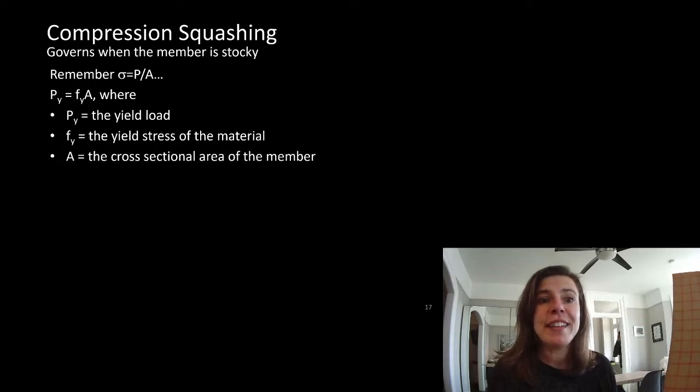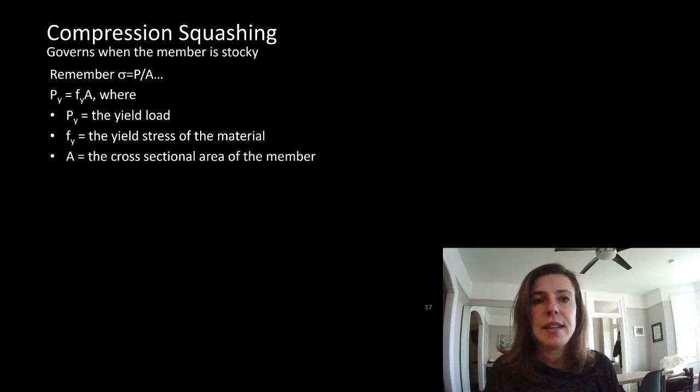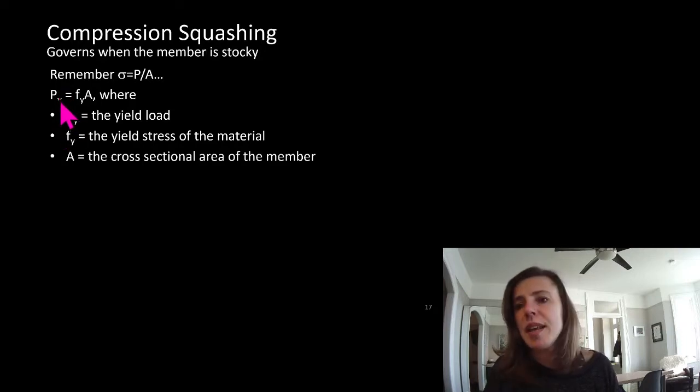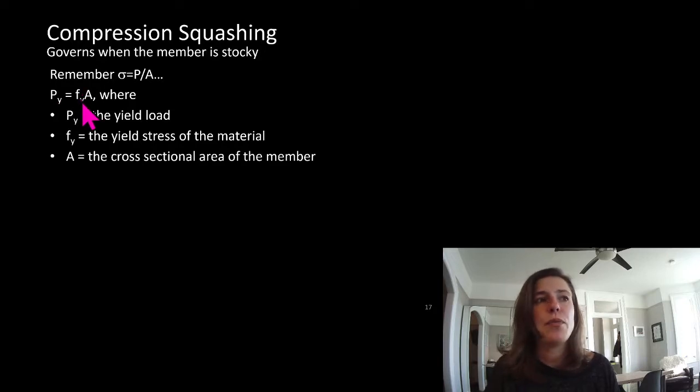So let's move on to compression. Now, in theory, the basis of the equation is the exact same. Remember, our stress equals our force divided by our area. We rearrange it. The yield, the force that it would yield at, is equal to the stress it would yield at times the area.